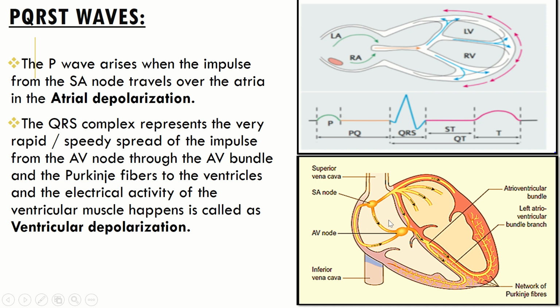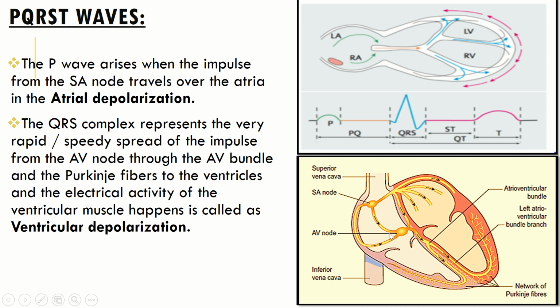Where is the electrical impulse carried from? From the SA node it is carried to the AV node, and from the AV node to the ventricles, it travels through the bundle of His and the Purkinje fibers, and the ventricle starts to contract, which means it will shrink.